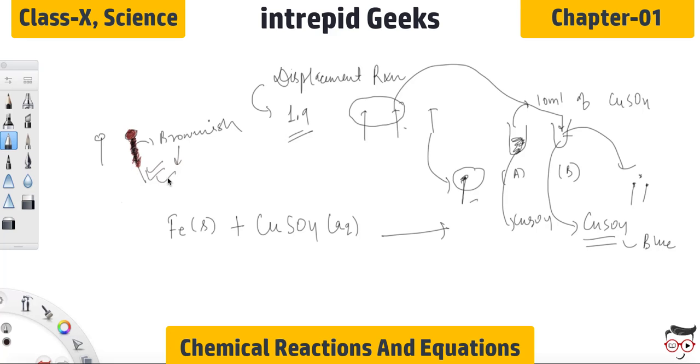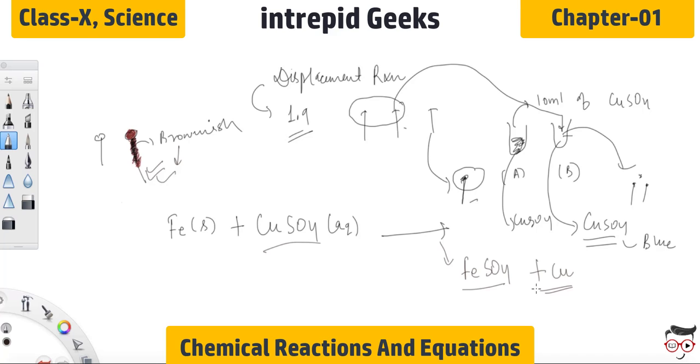It is because iron has displaced or removed another element, copper, from the copper sulfate solution. So when iron removes copper from the copper sulfate solution, it will replace it in the reaction, forming the sulfate, and copper will be left out.